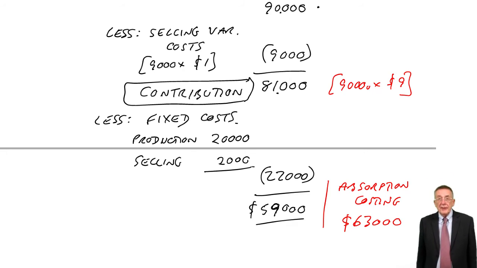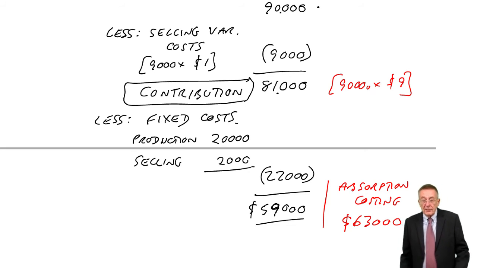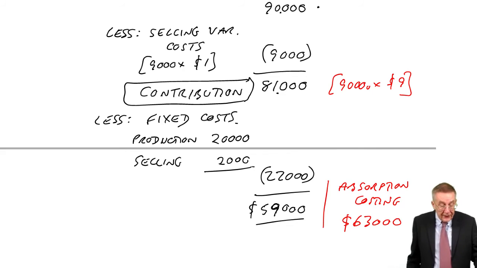We've ended up with a different profit. Now, it's not a question of right or wrong. Some people prefer to do absorption costing, some people prefer to do marginal costing, but they do end up with different profits. And why?